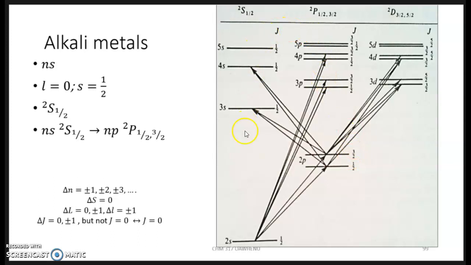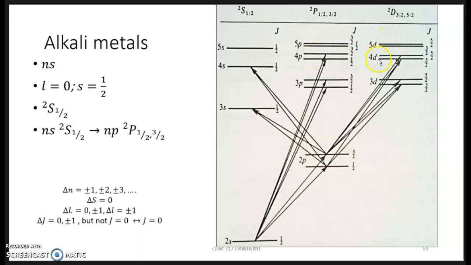One other thing that we note in these Grotrian diagrams is that 2s and 2p are not at the same energy level. And we talked about this. This is one of the effects of electron-electron interaction and penetration. So the 2s orbital is lower in energy than the 2p. The 3s is lower in energy than the 3p and the 3d. Same thing, 4s is lower in energy than the 4p and 4d.